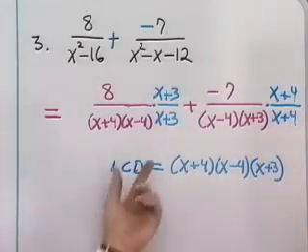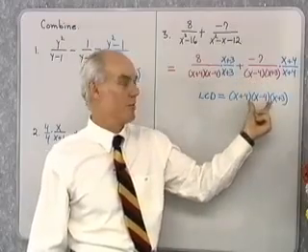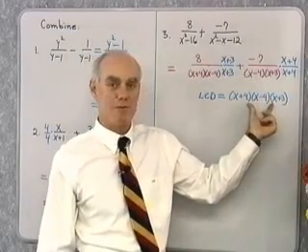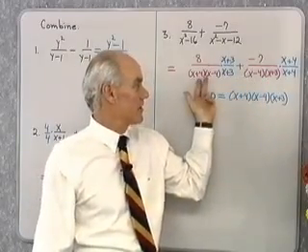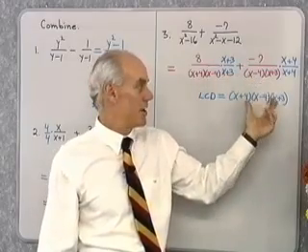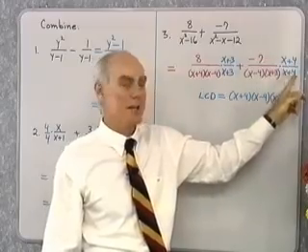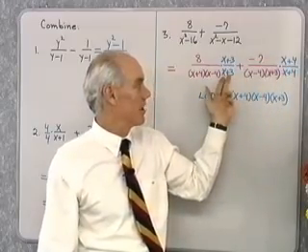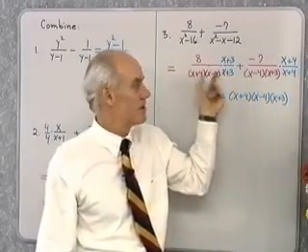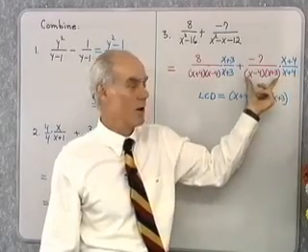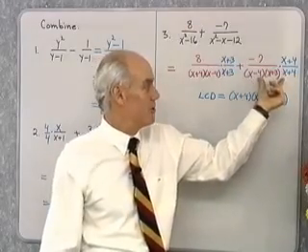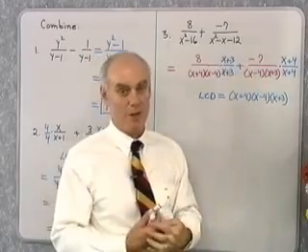So you see, I've factored my denominators right here, built a least common denominator from those factors, then I look at the factors I have in each of my denominators and the factors I want. Whatever they don't have, I multiply by the number 1 in that form. So multiplying here by the number 1 won't change the value of this, and multiplying over here by the number 1 won't change the value of this. But I do end up with two fractions with the same denominators.